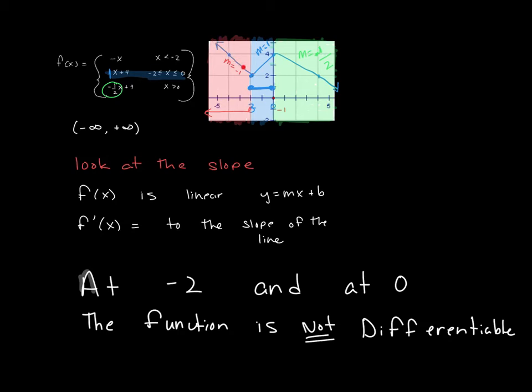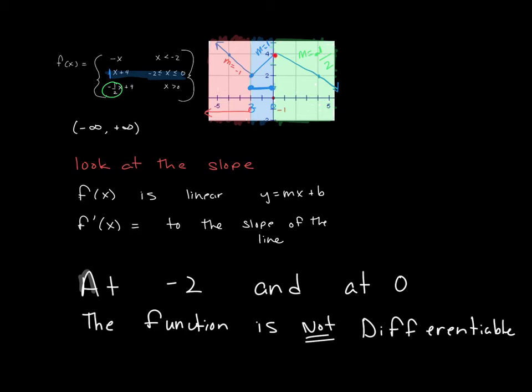Here, coming in towards -2, the slope is equal to 1. At -2, the slope is equal to 1. So this corner here, where the slopes radically change, means that at -2, the graph is not differentiable.